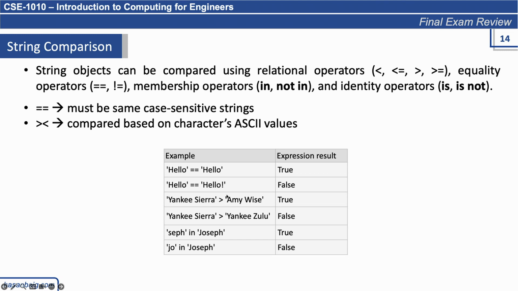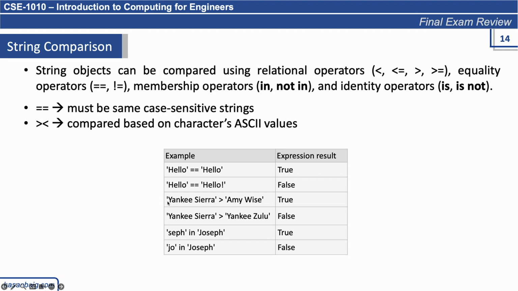What happens with the greater or smaller symbol? How does it compare Yankee Sierra and Amy Wise? I explained that in detail. Why do you think Yankee Sierra is greater than Amy Wise? Yes, because there are ASCII values associated with the characters.